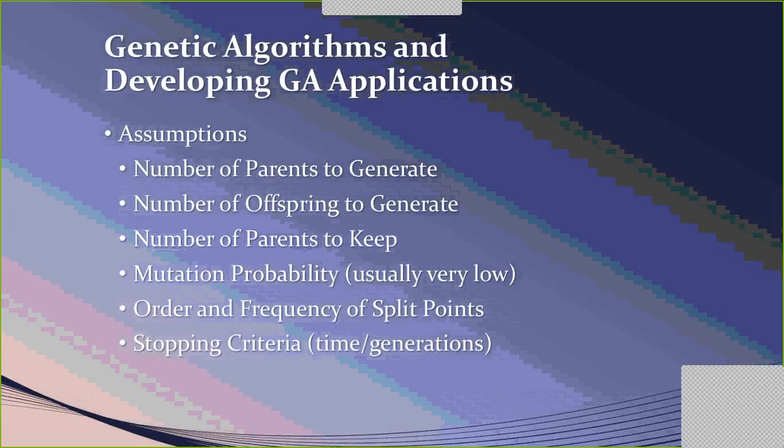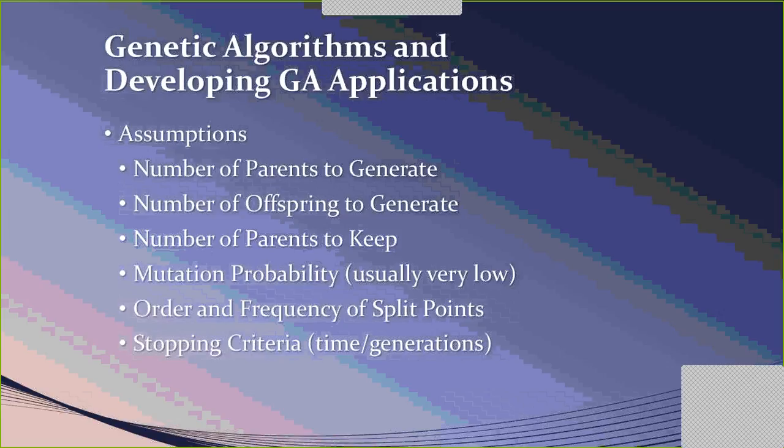We're going to need to know how many of the initial guesses or parents, or best guesses, we're going to keep. We have to decide how much mutation we're going to allow. Typically, this is very low. However, it does keep the model working. If you do not add mutation, then your model can get stuck in loops.